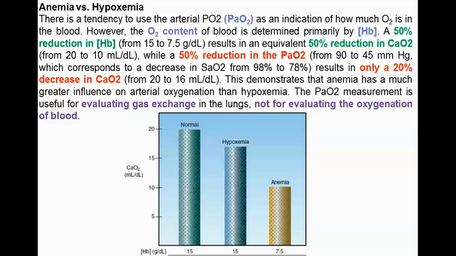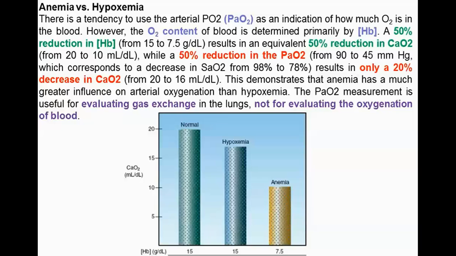Why do we discuss this curve now? If PO2 is 45, what about the saturation? It will be about 78 to 80. So when we decrease the PO2 by 50%, the dissolved oxygen decreases by 50%, but the oxygen content decreases only by 4, to 16.